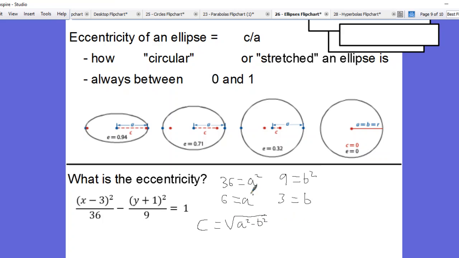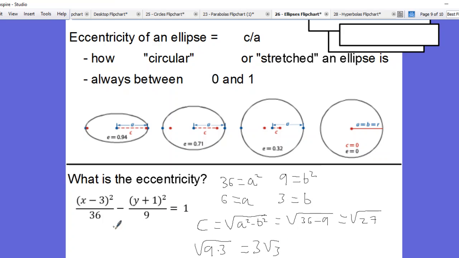So it's going to be the square root of 36 minus 9. What's 36 minus 9? So c is equal to the square root of 27, which is the square root of 9 times 3. The square root of 9 is 3, so I can take the 3 out. That's equal to 3 root 3.